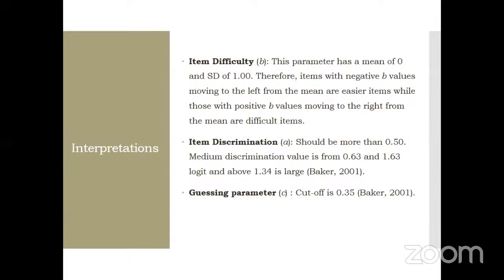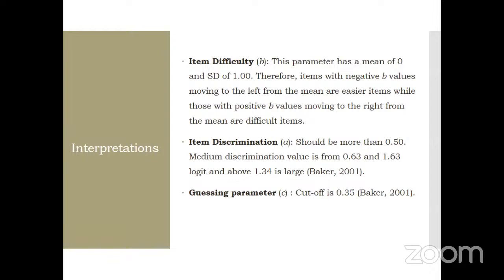The criteria that is given: item difficulty can go on either side. At the middle you have 0. On the left-hand side you get values which are negative, on the right-hand side you get values which are positive. Negative value means easier items, positive value means difficult items.